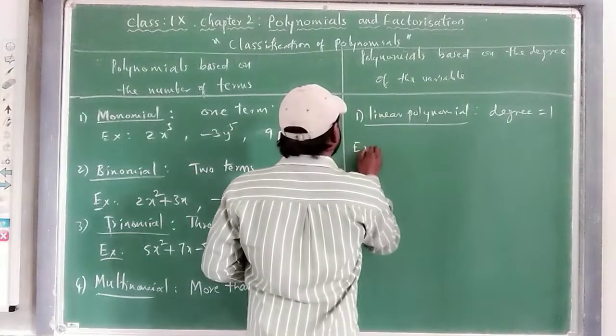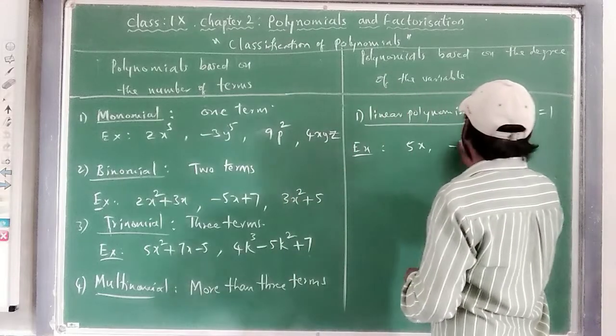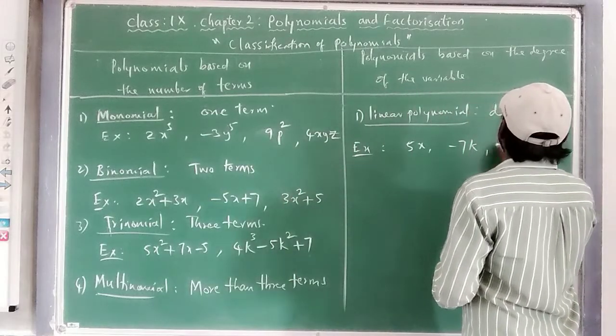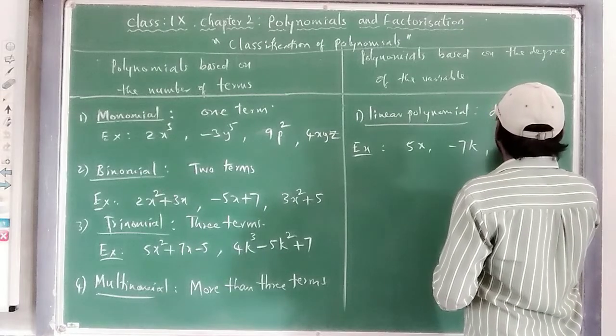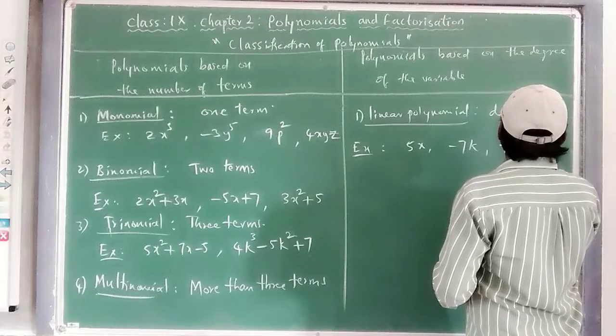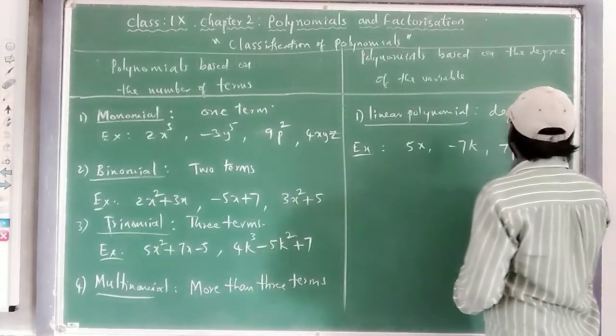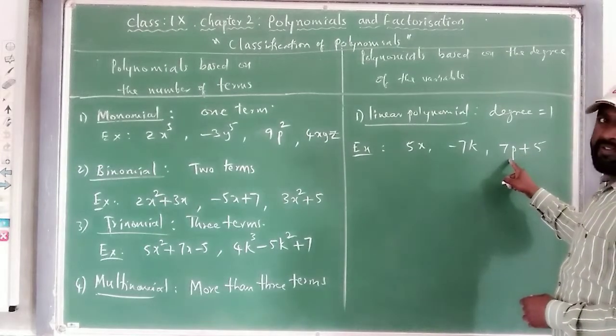For example, 5x minus 7k, or 7p plus 5. There are two terms in it, but what is the variable? p is the only variable.